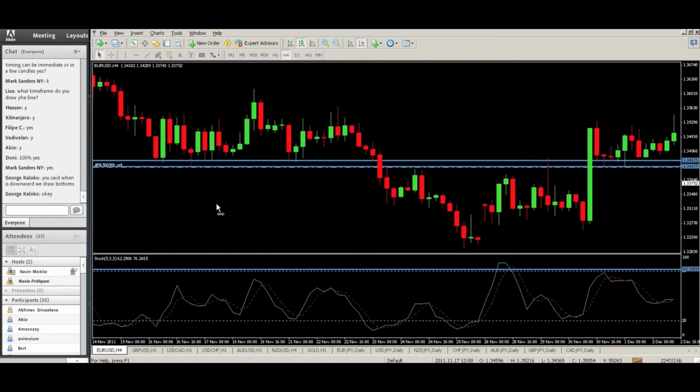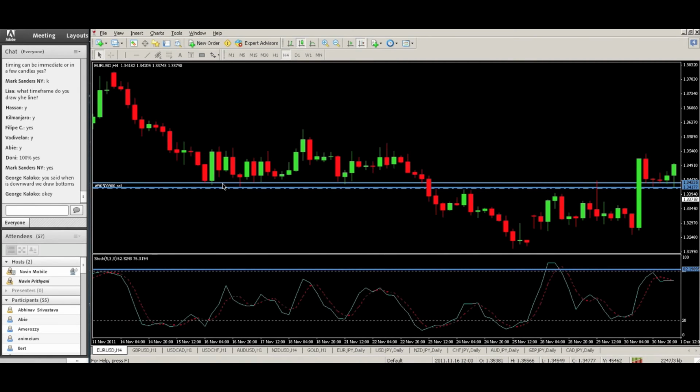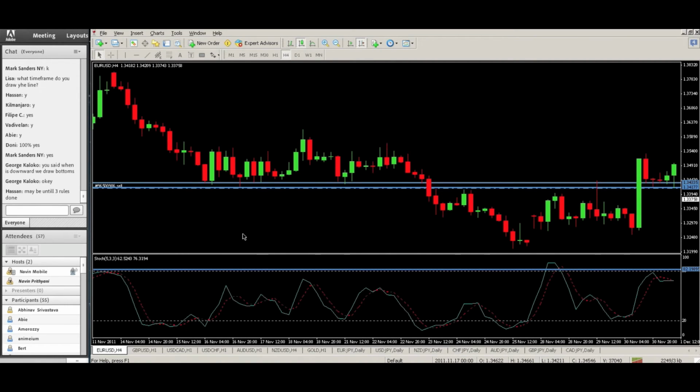Okay, take a look at this. Complete support. We're going all the way to 16th of November, until 3 rules are done. Once you have 3 rules, you're good. You have support, you have resistance, you have a big candle break, and you're up in 28th November. So this level has been holding all the way back from last year.